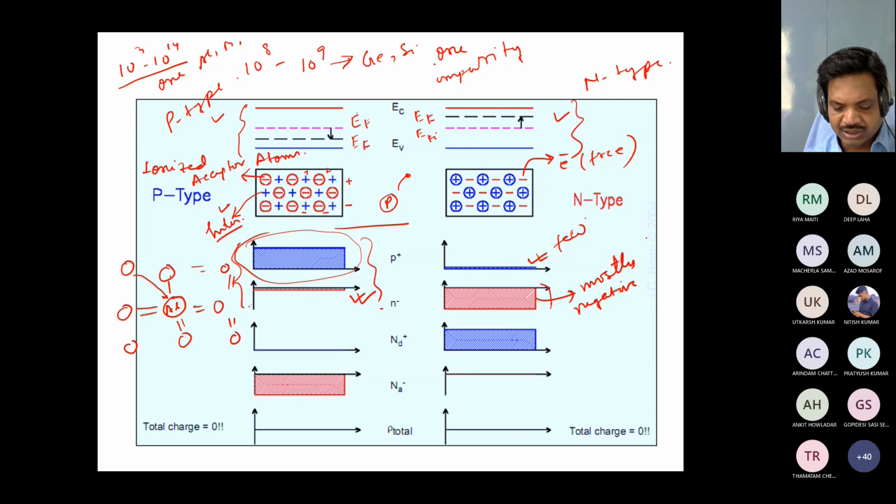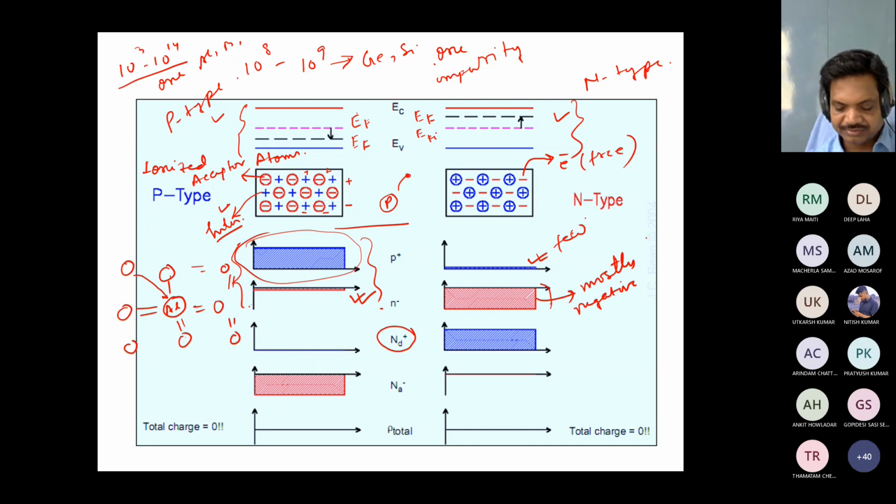Now, if we consider it in terms of doping, in the n-type semiconductor, ND after donating an electron becomes positively ionized. So, will you get donor-type positively ionized atoms in the p side?